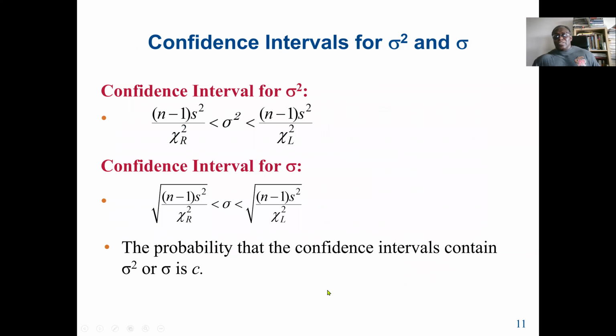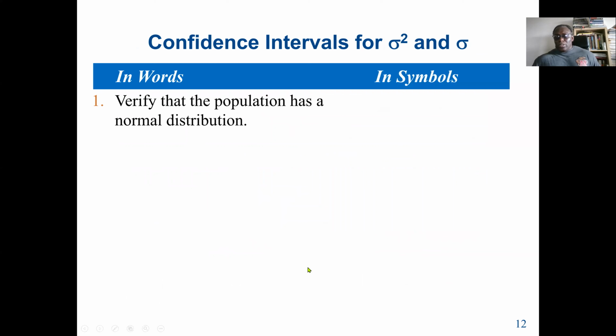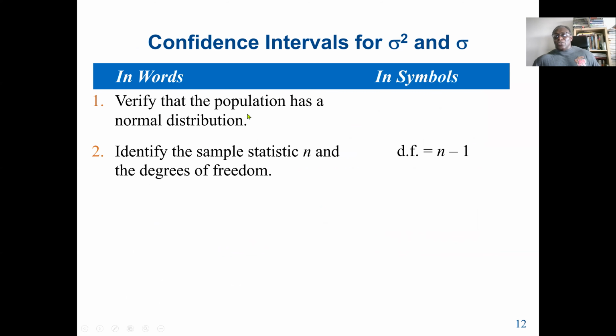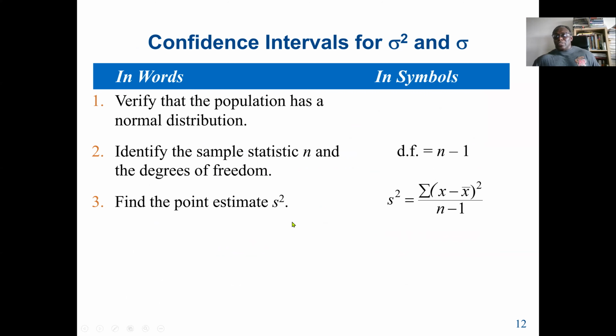But in this case, we are doing the confidence interval for variance and also standard deviation. So first thing, we verify if we have a normal distribution, then we find the degree of freedom. Then after that, we find the point estimate for the variance, the sample variance, which is the same formula as in descriptive statistics.